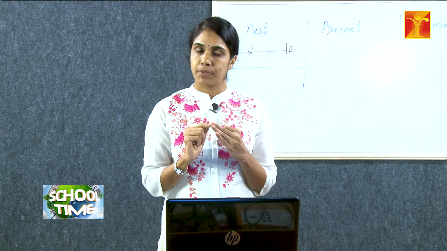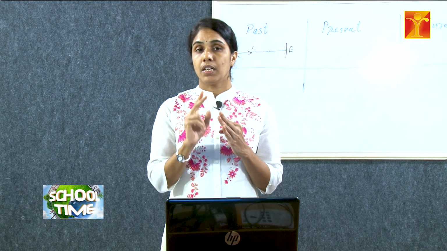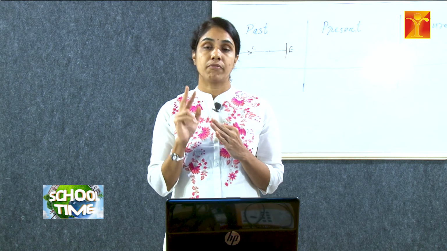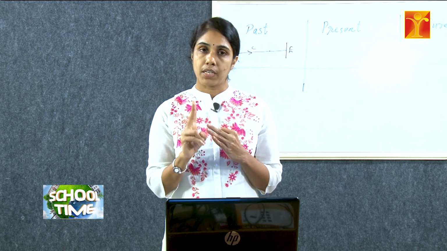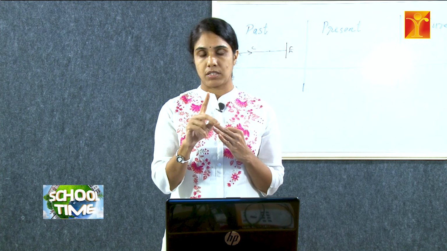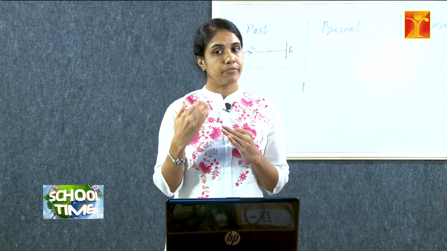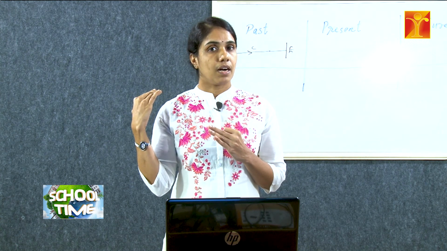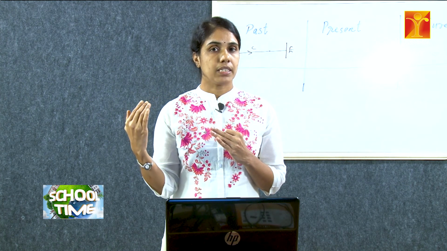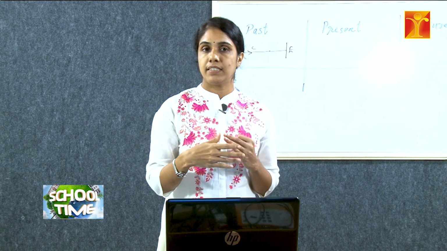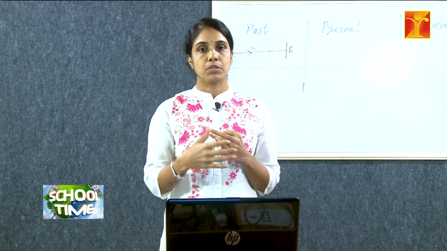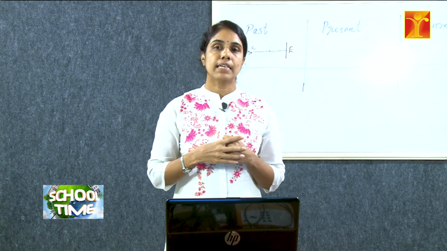And the past perfect we use if we want to talk about 2 past actions, for the first action. And the last one, past perfect continuous tense, the action started in the past, continued for some time in the past and ended in the past. For that we use the past perfect continuous tense.